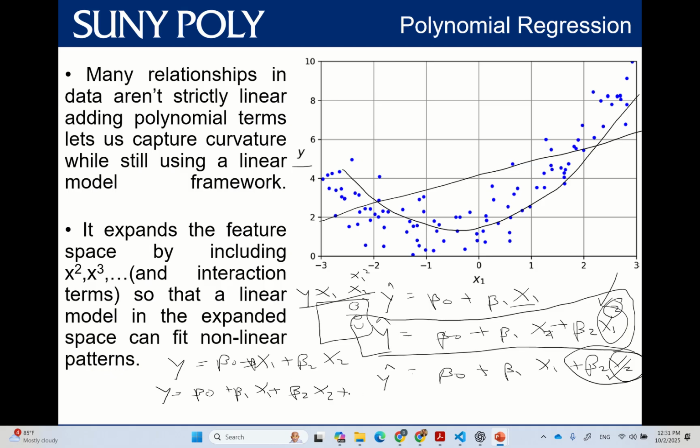Because of the 2 degrees. So that will be beta 3 x1 squared plus beta 4 x2 squared. And that's not it.